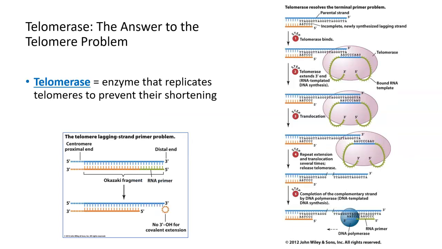There's another enzyme called telomerase, which is an enzyme that replicates telomeres specifically to stop them from shortening every time the DNA goes through a round of replication.